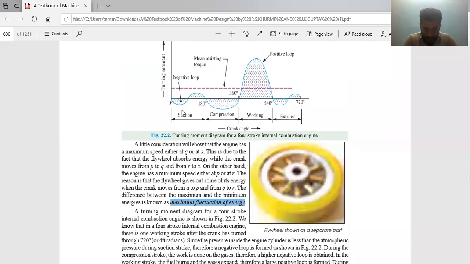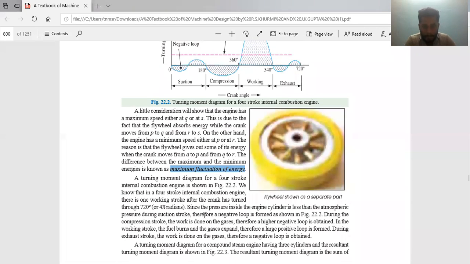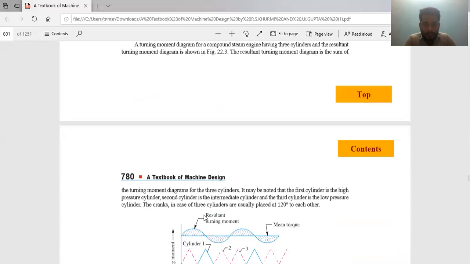When this T versus theta diagram is fluctuating on this mean torque line, the difference between the maximum energy and the minimum energy will give you the maximum fluctuation of energy. It will be very clear when we solve the numerical part. See, it is written: the difference between the maximum and minimum energy is known as maximum fluctuation of energy. Clear? Okay. Let us move forward.